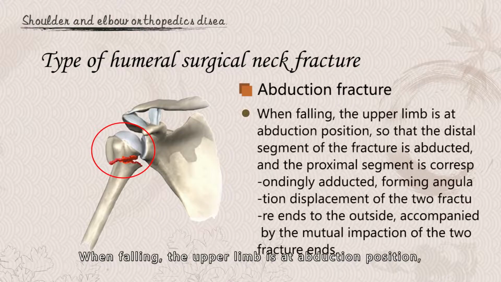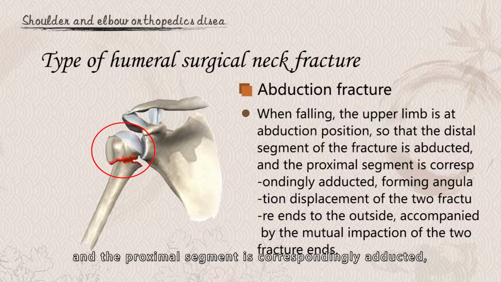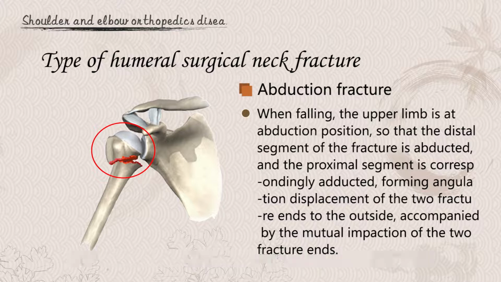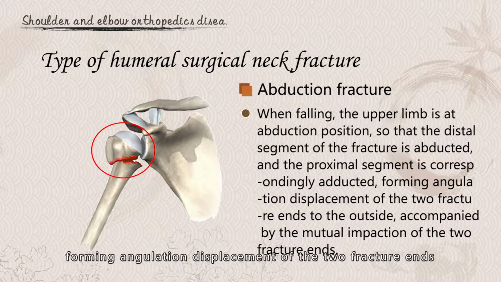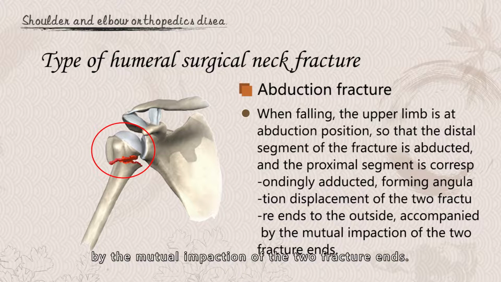When falling, the upper limb is at abduction position, so that the distal segment of the fracture is abducted, and the proximal segment is correspondingly adducted, forming angulation displacement of the 2 fracture ends to the outside, accompanied by the mutual impaction of the 2 fracture ends.